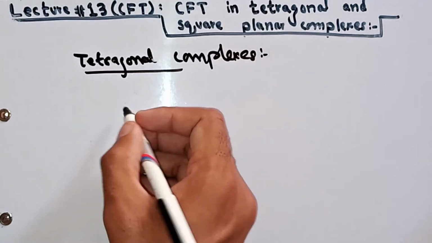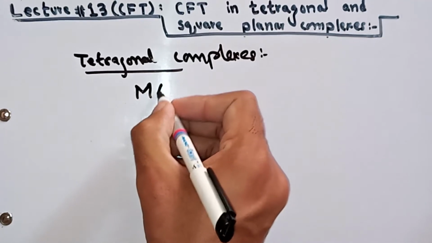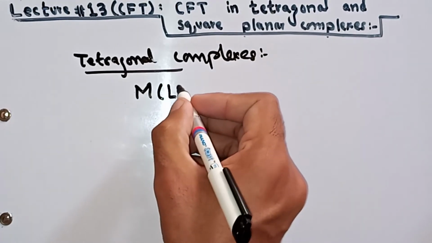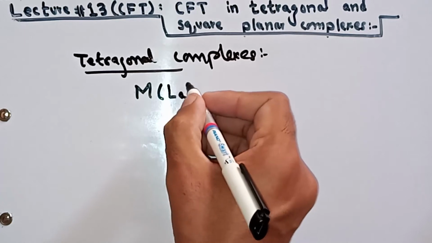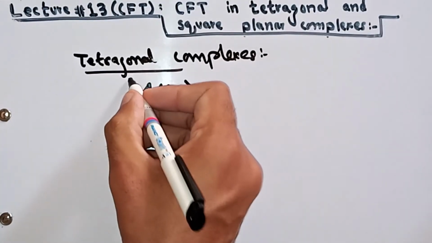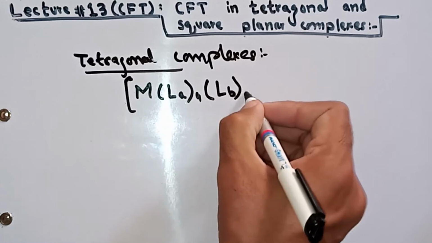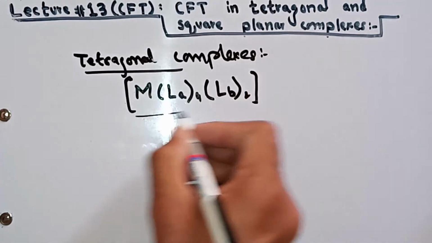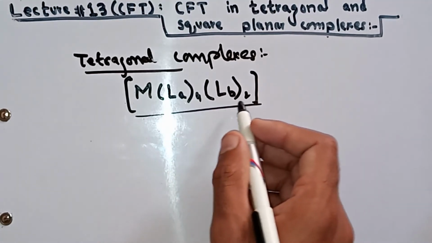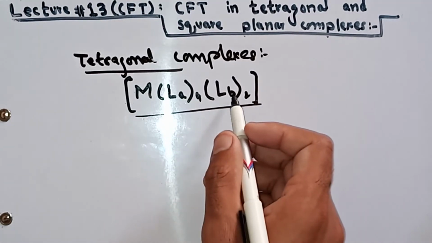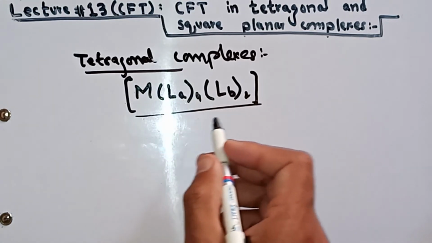How can we apply it? Suppose there is a central metal atom plus ligands: La are 4 and Lb are 2, so a total of 6 ligands are used. Among them 4 ligands are the same and 2 ligands are the same, but these two Lb ligands are different from La.